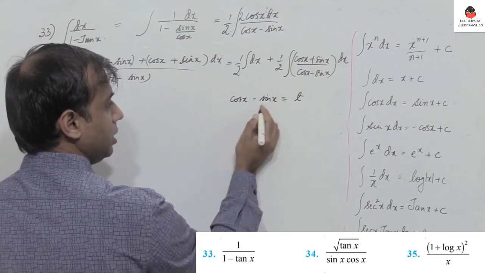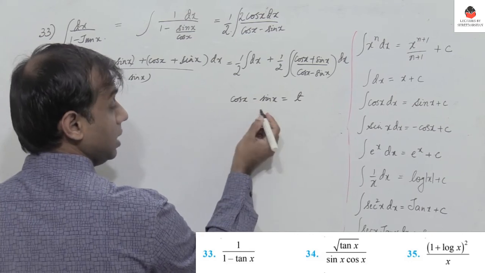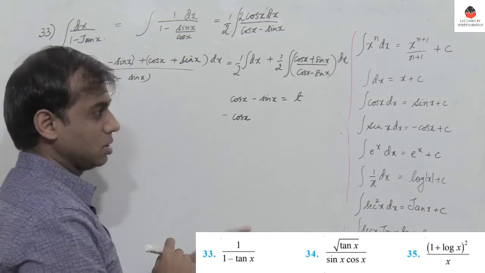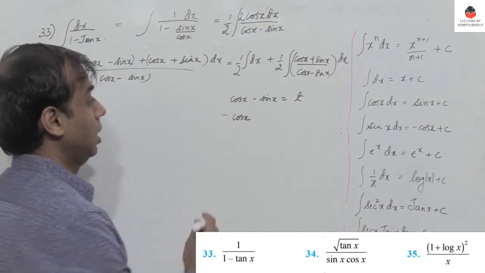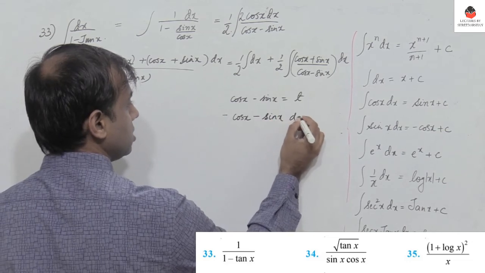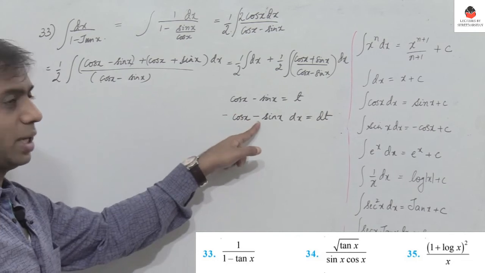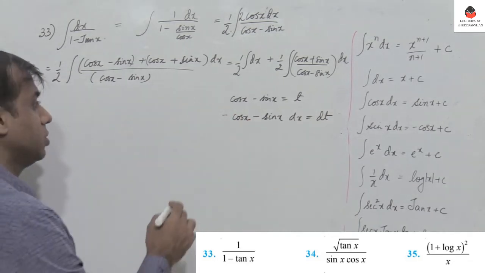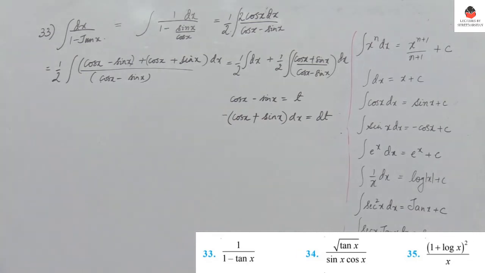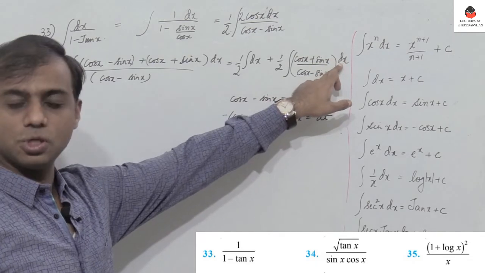If I differentiate this, I get minus sin x minus cos x, dx equals dt. So let me take the minus sign outside. So this becomes (cos x plus sin x) dx. So (cos x plus sin x) dx equals minus dt is the substitution we'll use here.